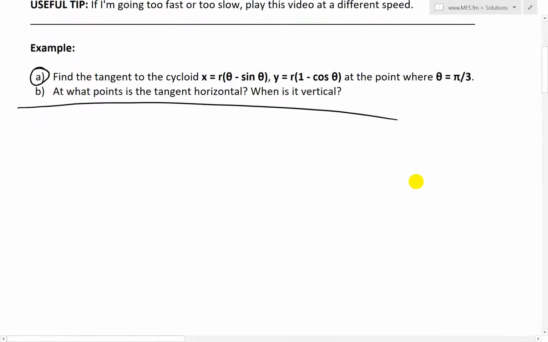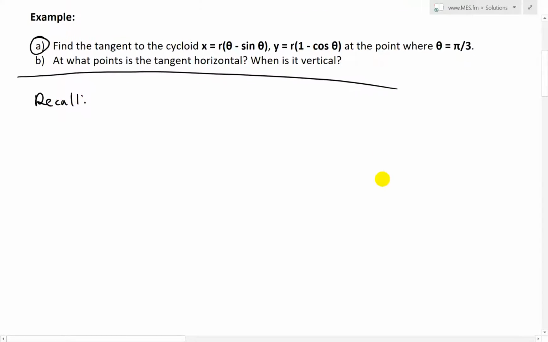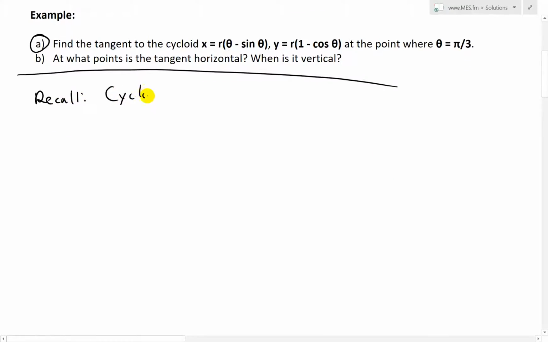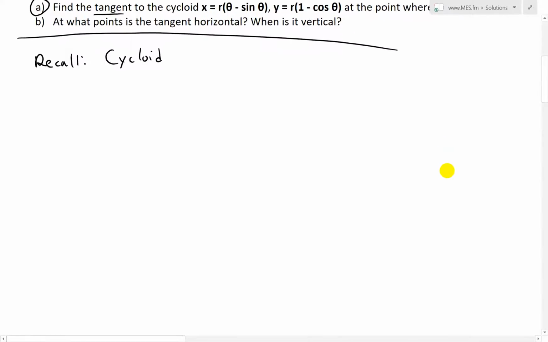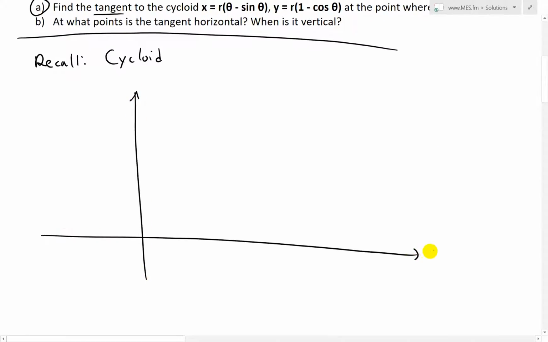Again, make sure to watch the cycloid video, and I'll put the links below. We want the tangent to the cycloid at this point. What this means is, if you were to graph this in an x, y coordinate system, a cycloid shape looks something like this, where it just goes on and on.